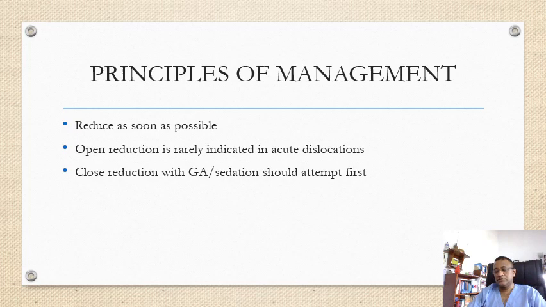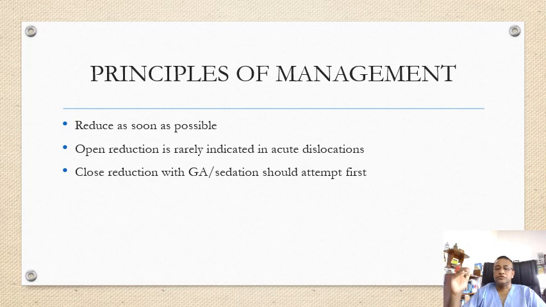So right now you have seen the patient, you have done the x-rays, your diagnosis has been made, and the next thing is management. In the management of dislocations, there are some principles you should keep in mind all the time. First one is to reduce the joint as soon as possible.